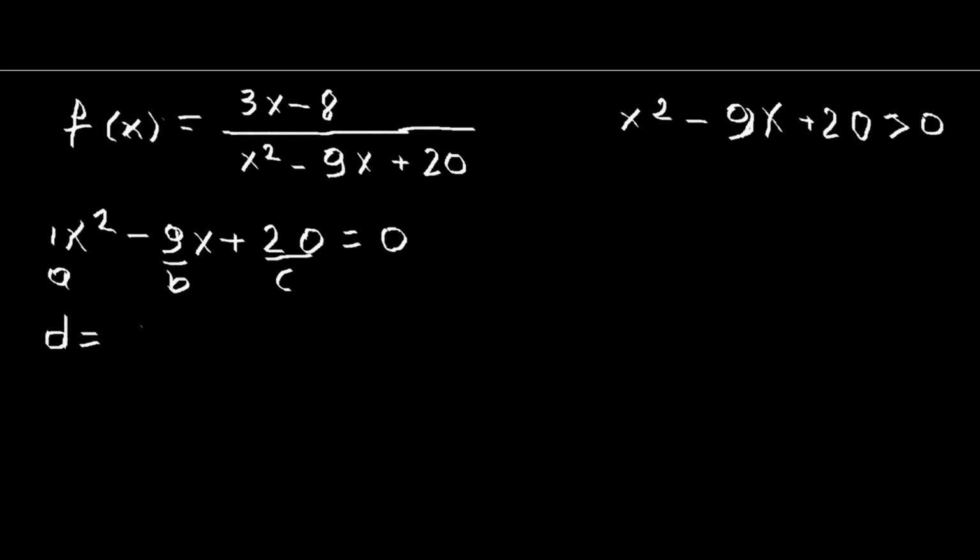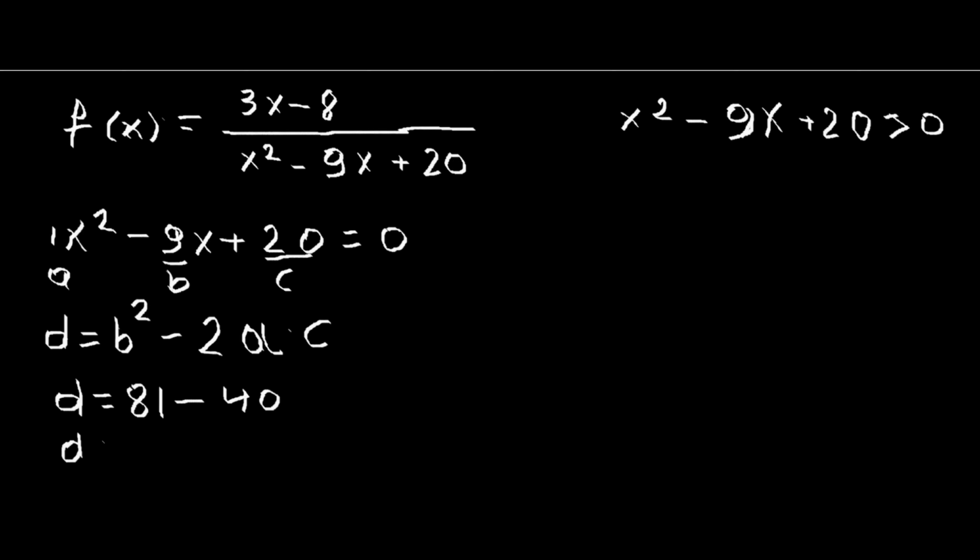From a ready-to-go formula, the discriminant is equal to b to the power of 2 minus 4ac. So D is equal to 9 to the power of 2, which is 81, minus 4 multiplied by 1 multiplied by 20, which is 80. So we have the discriminant equal to 1.